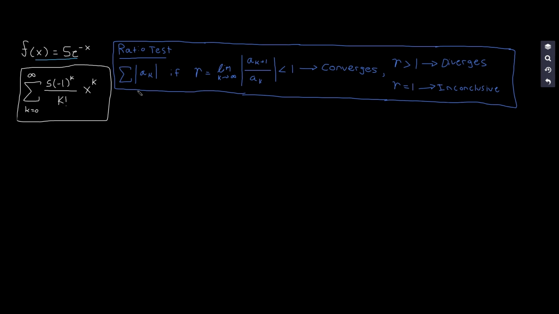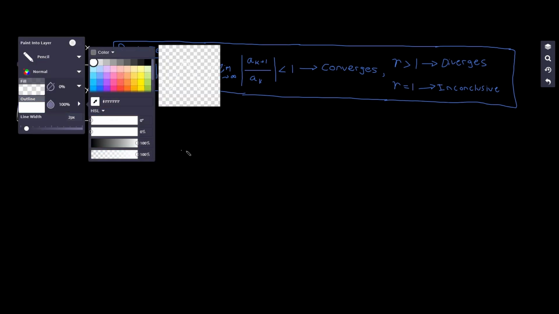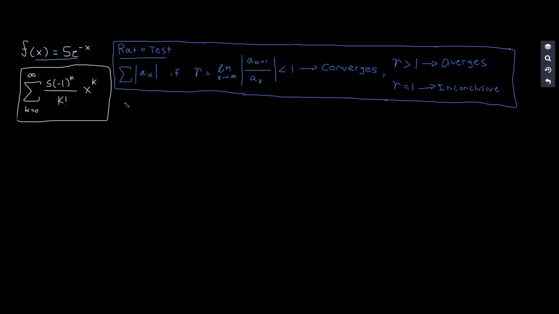Let's just really quickly find what a sub k is. Well, we have a sub k right here. a sub k is equal to 5 times negative 1 raised to the power of k over k factorial, times x raised to the power of k. But then that begs the question, what is a sub k plus 1?